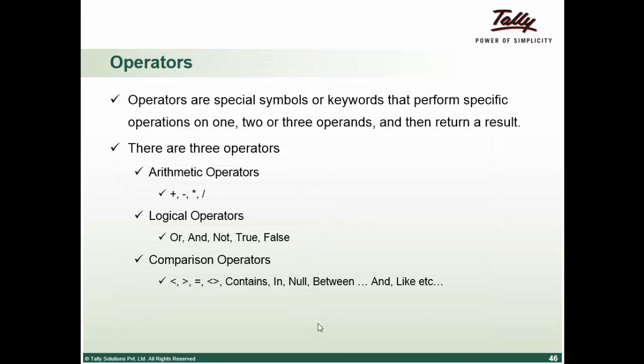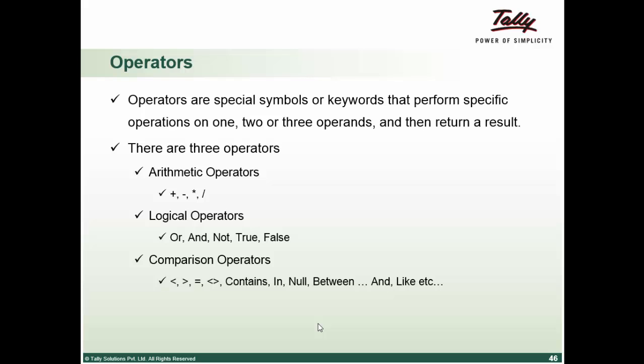Then we have the operators. Again, operators are special symbols or keywords that perform specific operations on one, two, or three operands and then return a result. So there are three categories. We have arithmetic, logical, and comparison.